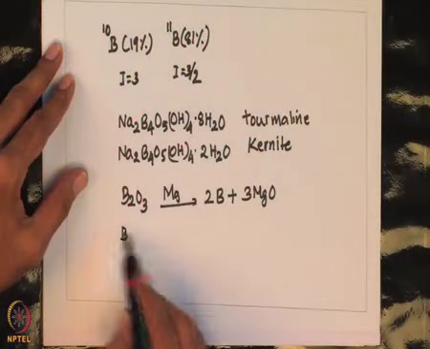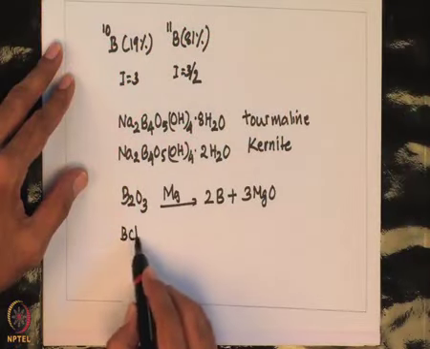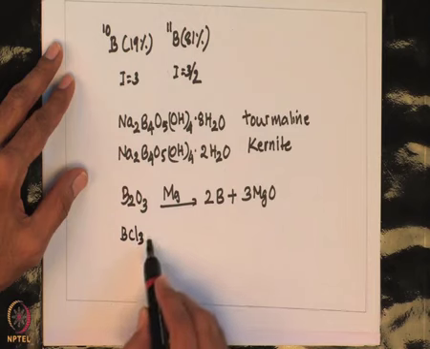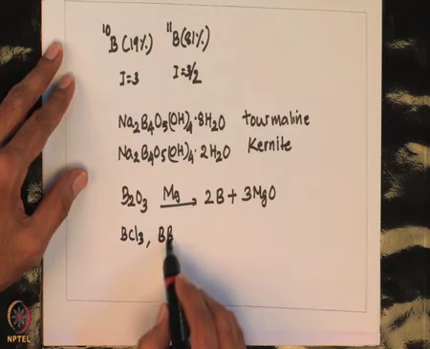High purity boron can also be obtained by thermal decomposition of boron trichloride or boron tribromide, combining with hydrogen and passing through a heated tantalum wire. For example, one can consider boron trichloride or boron tribromide.